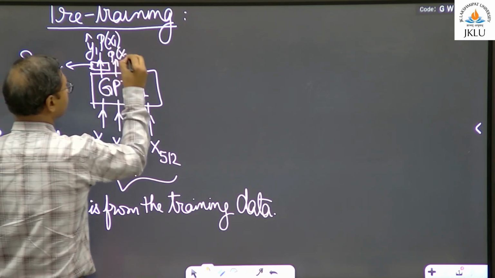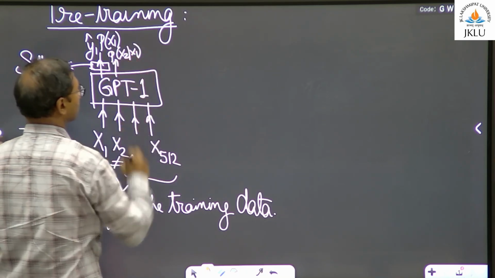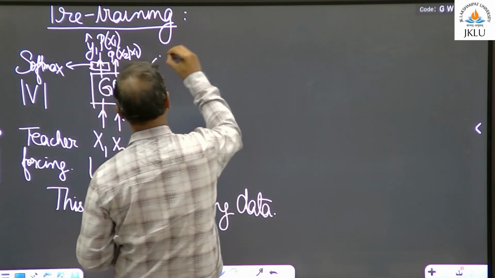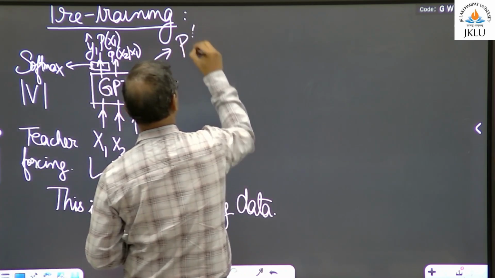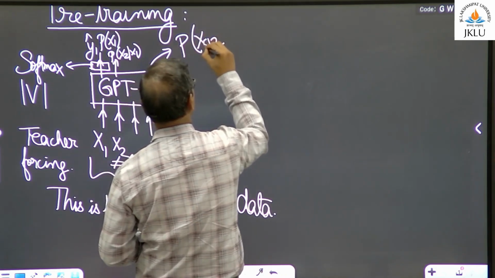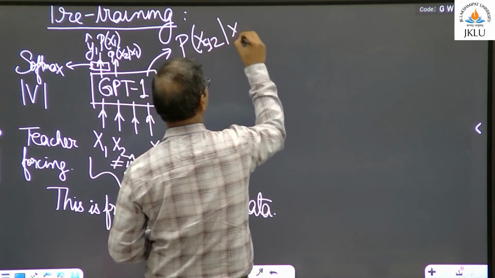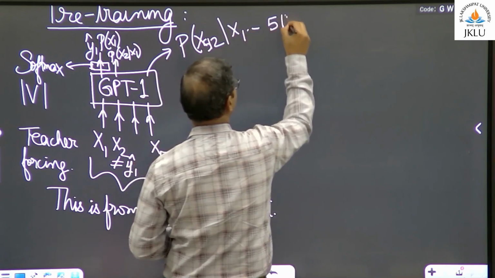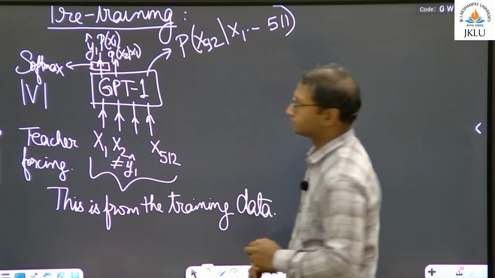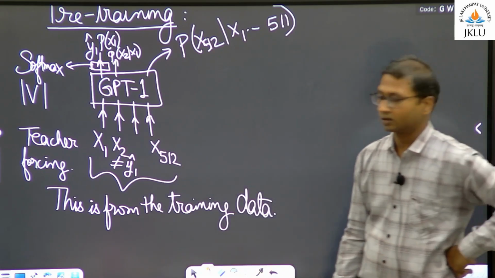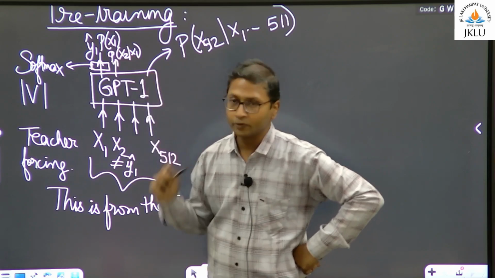Probability of x2 given x1. What will be the final thing here? Probability of x512 given x1 all the way until x511. Okay? How do you compute this?